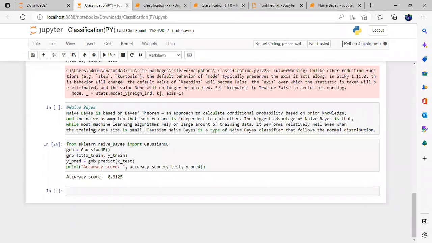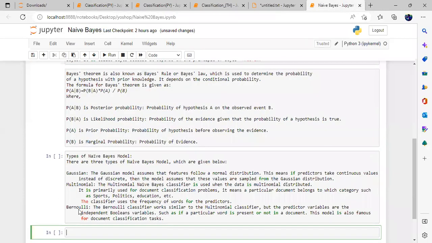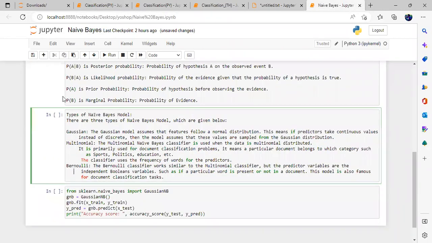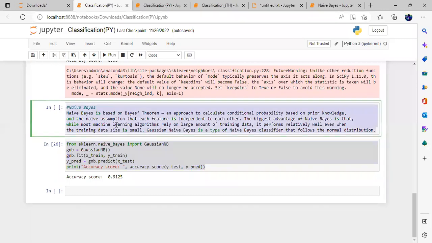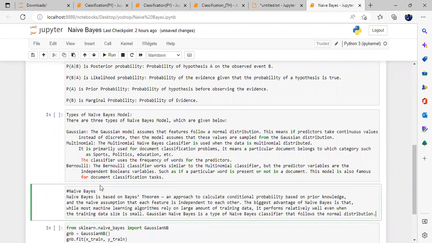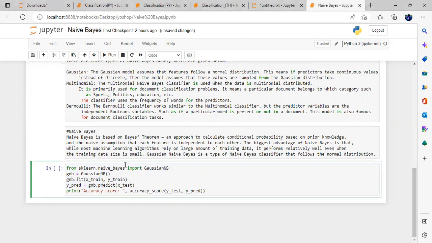So last one was naive Bayes. If you can see, this is a simple line of code where you can use Gaussian naive Bayes classification in your model.